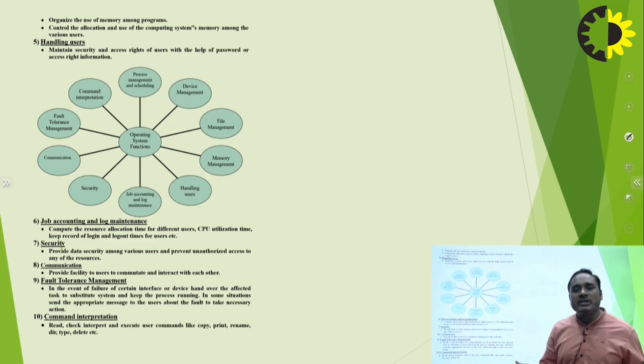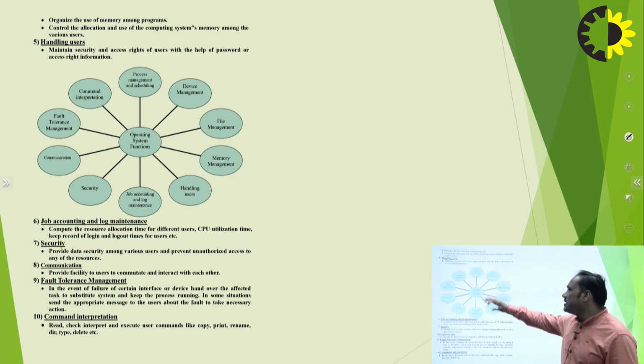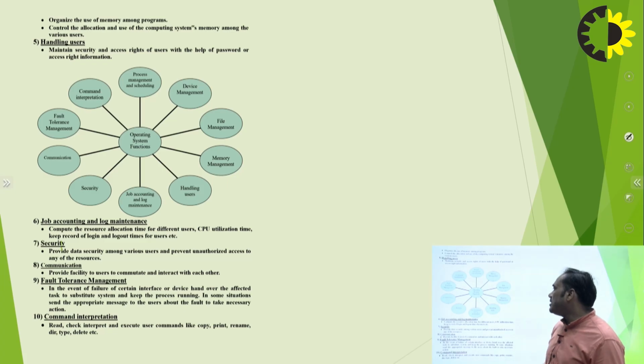All the history is captured by the operating system. Memory management: which type of memory you are using, either external or internal memory, or RAM or ROM. Handling users: how many users are there, 1 user, 2 users, 3 users. So all things are basically handled by the operating system.